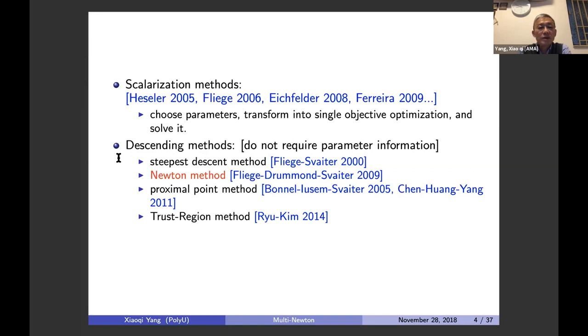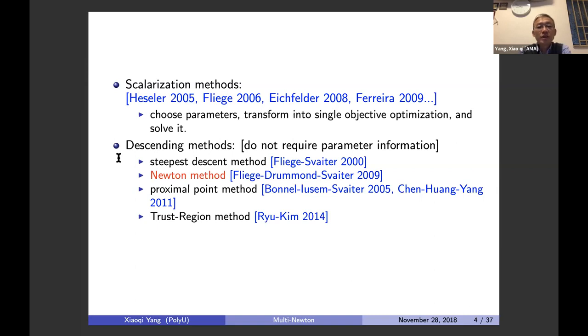To get particular points, or to get the whole efficient frontier, we need to choose the weightings in a simplex, where the summation is equal to 1 and the weights are non-negative.